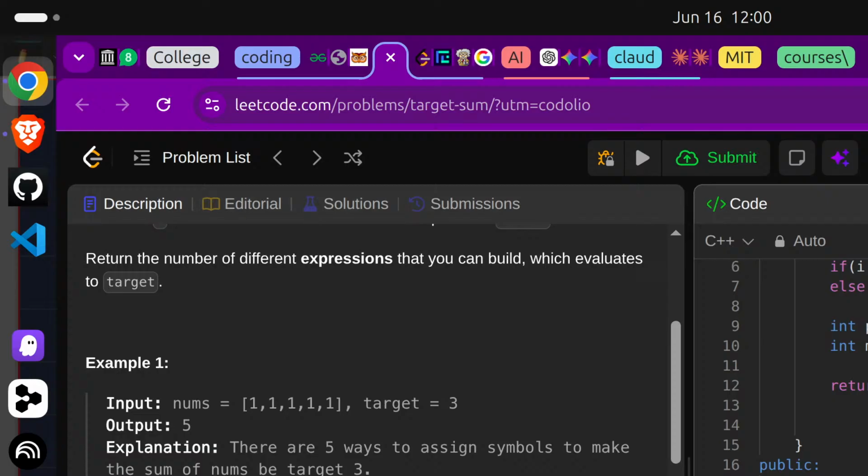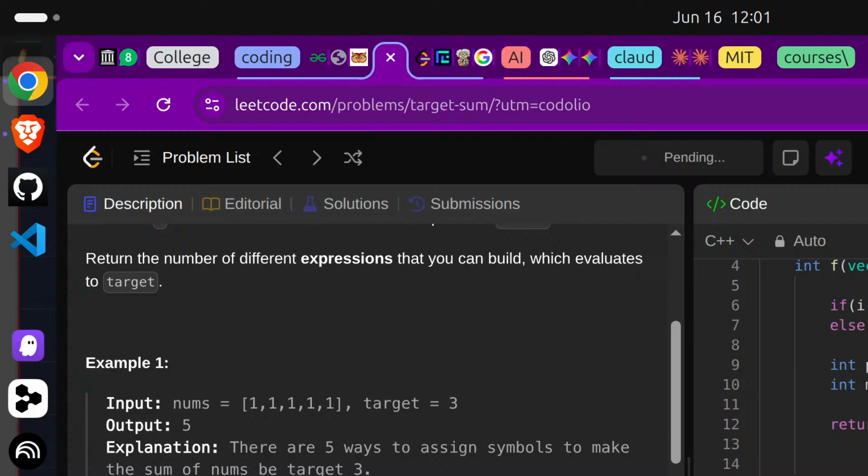Target and nums size, right? I think it's a good solution.